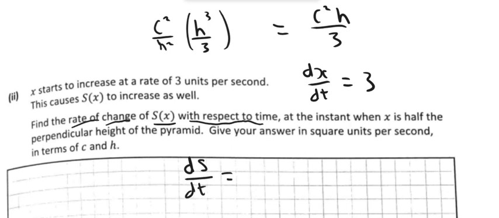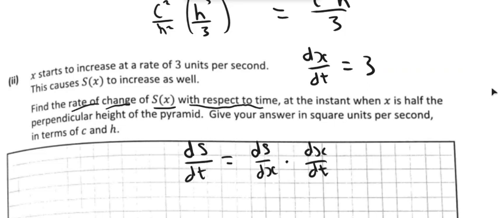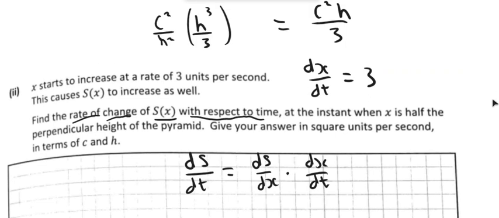And then it's one of these things where we've got an x involved as well, we already know from the first bit. So it'll be ds dx multiplied by dx dt. So the dx's would cancel and we can get ds dt from that. So ds dt is what we're looking for.